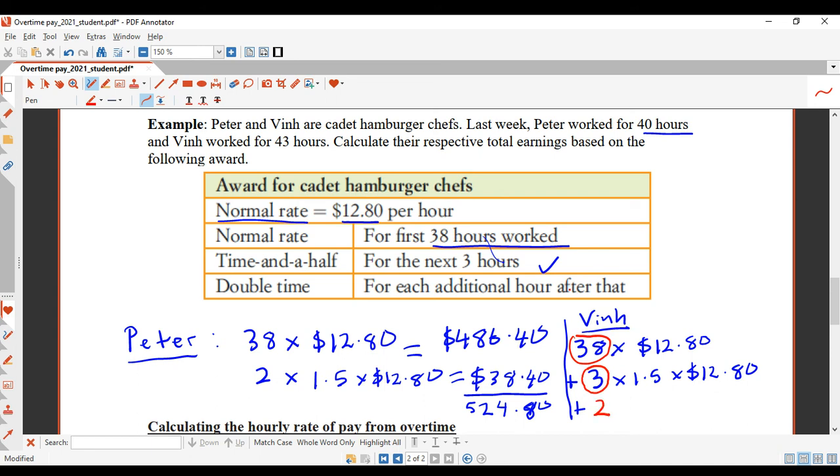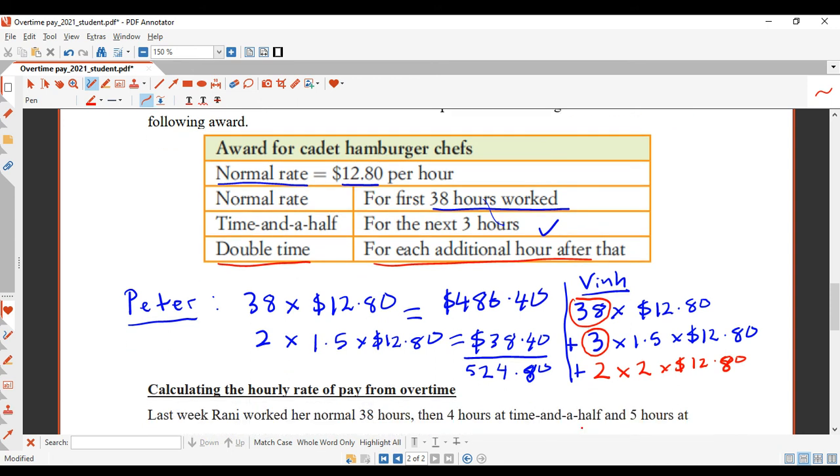And if you look here, those extra hours are paid at double time, each additional hour after that. So 38 plus 3 is 41, which we've already done. And then 2 hours at double time. So 2 times 2 times $12.80. That should be an 8 there. Let's work that out. It looks like I've managed to squeeze that in for Vin.